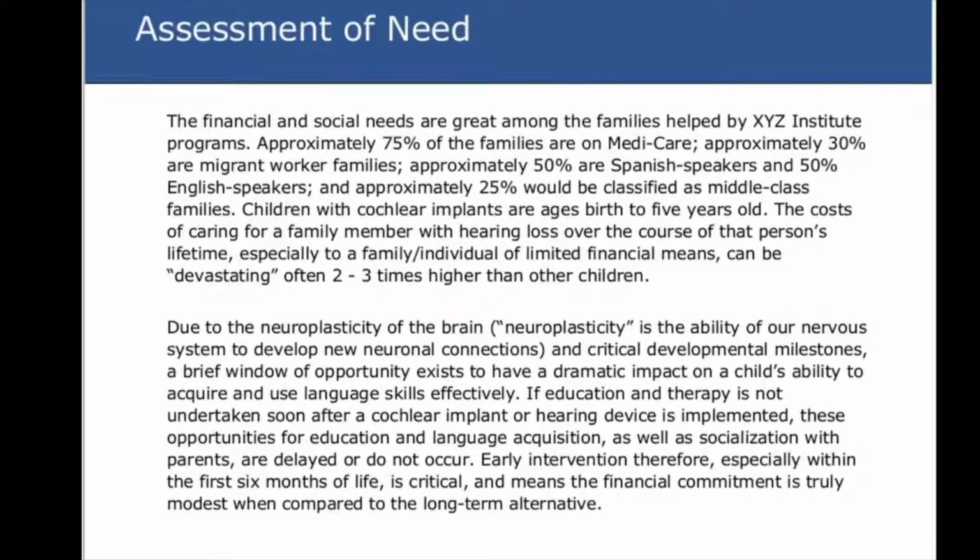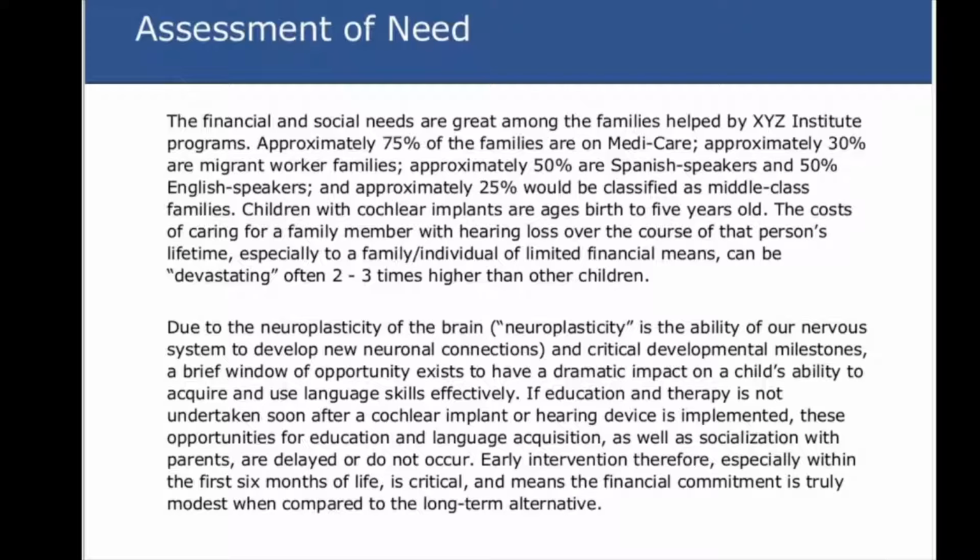And the aid is to be able to have the surgery for an implant, and or to have the education that's needed for the child once they've received this implant. So here's the statement of need for that.